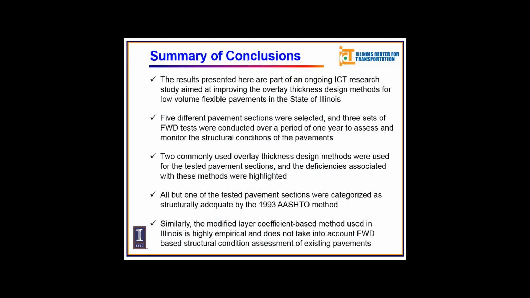So in summary, the results that I'm presenting here are part of this ongoing ICT research. In short, we selected 5 different sections, and 3 sets of FWD tests were conducted over a period of 1 year. We used the 2 commonly found overlay thickness design methods, and it was seen that all these pavement sections were characterized as structurally adequate by the 1993 AASHTO method.